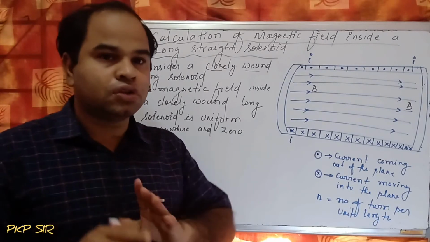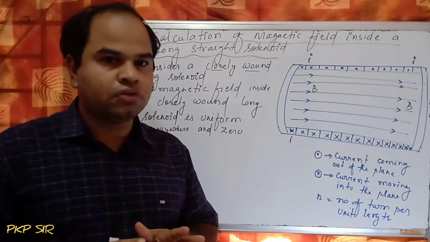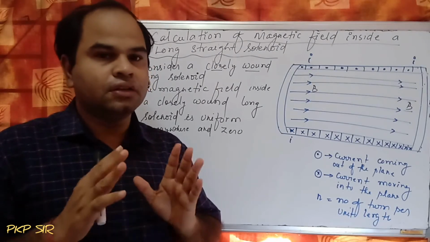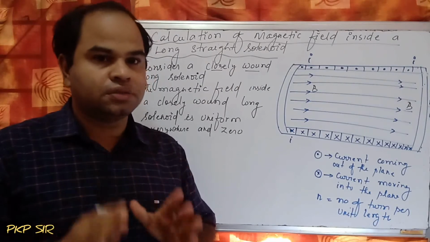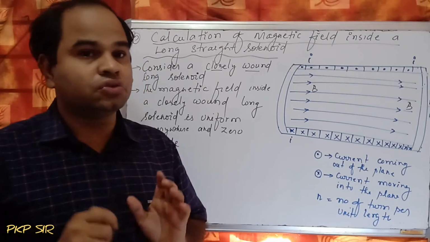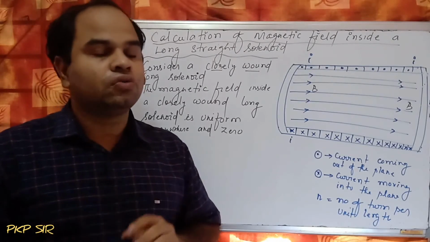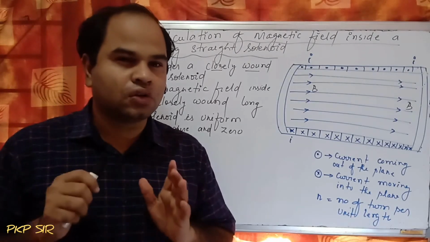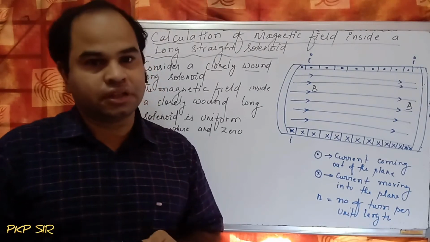When we say closely wound long solenoid, closely wound means the magnetic field inside the solenoid is present, but there is no magnetic field outside the solenoid. If the wires of the solenoid are closely wound, there is no magnetic field outside.